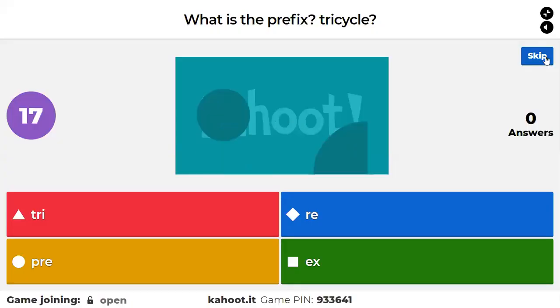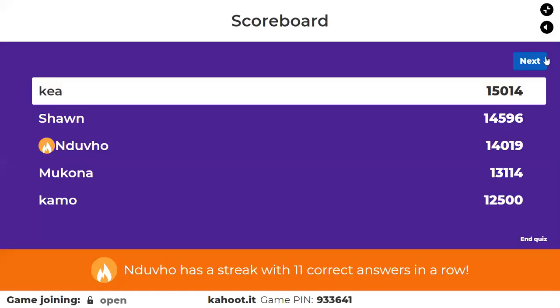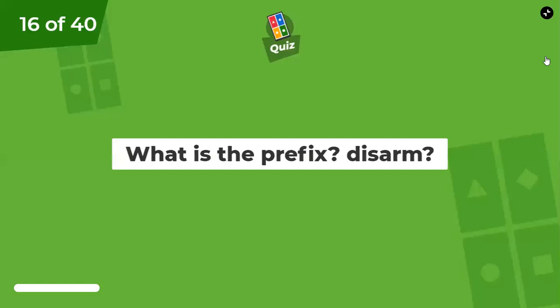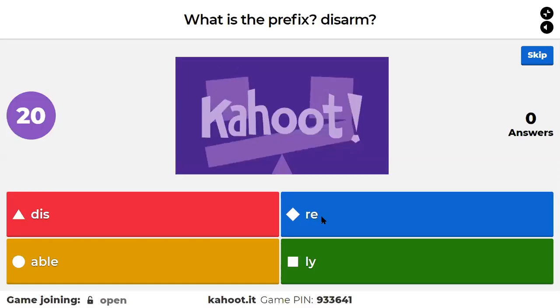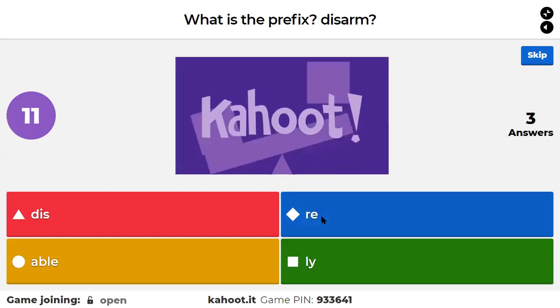Is it red tri, blue re, yellow pre, or green X? Yes, it's red tri. Okay, what is the prefix to disarm? Is it red dis, blue re, yellow able, or green ly?